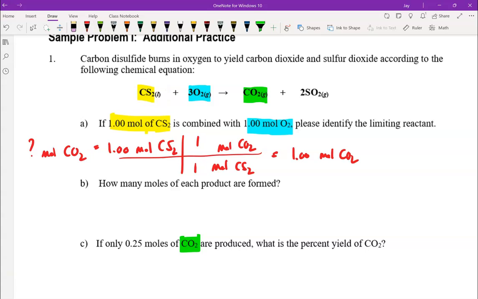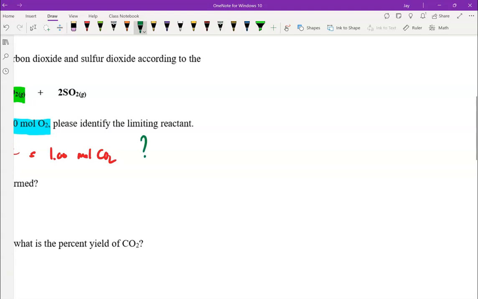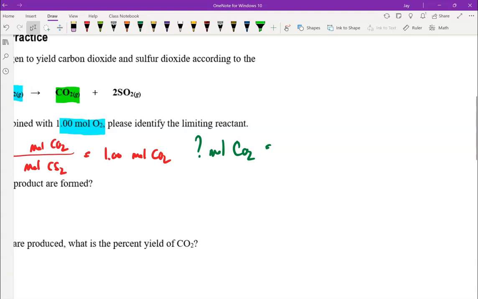All right. Fair enough. What do we get from the oxygen? How many moles of CO2 could we expect from our 1 mole of oxygen?